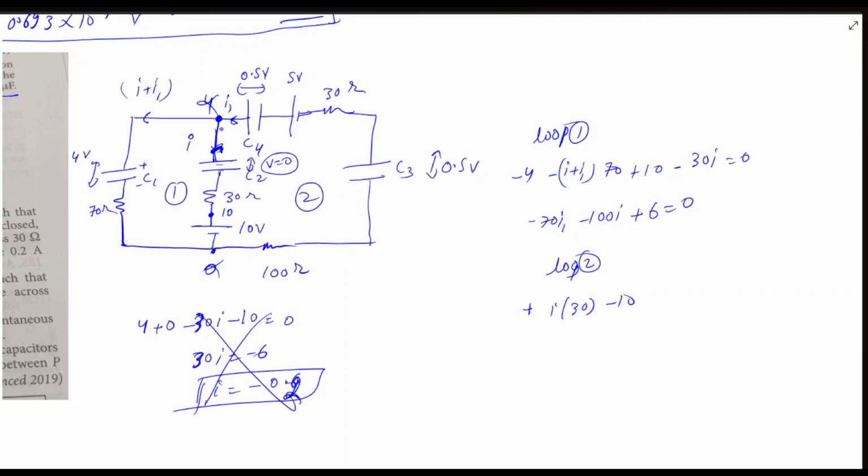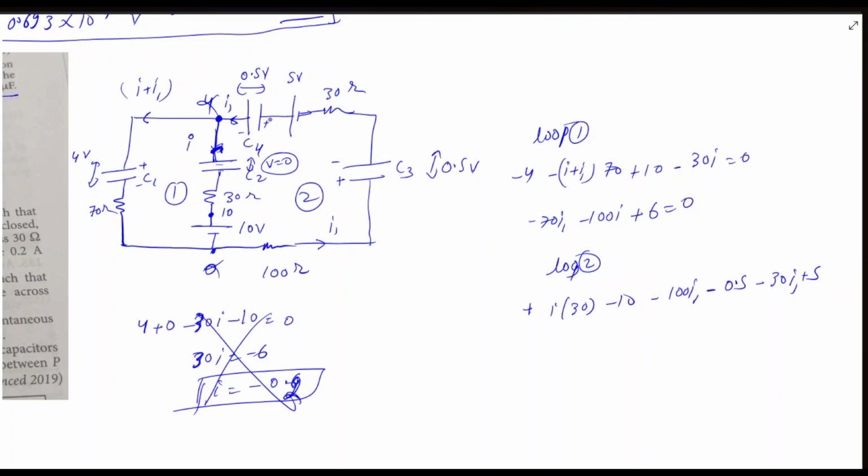In this, the current is I1, right? So it is I1 in this one. So it will be minus 100 I1, and here it is connected with negative, so here it is negative, here it will be positive, so we'll write it as minus 0.5. Now here it will be minus 30 I1, this will be plus 5, and here this will be minus, right?